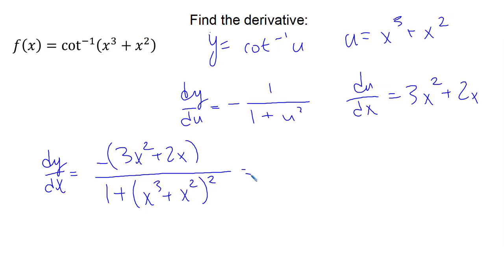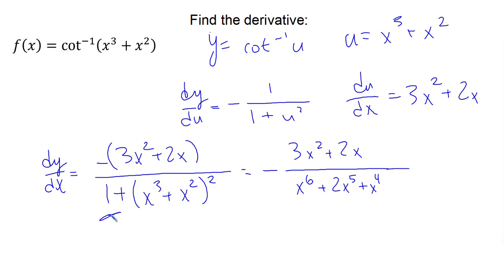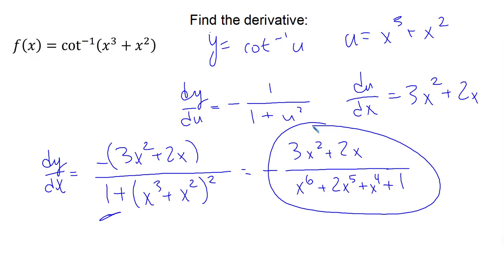And we should then be able to simplify this out, or just put the negative out in the front there. 3x squared plus 2x in our numerator. And our denominator, we need to expand out x cubed plus x squared. That should be x to the 6th plus 2x to the 5th plus x to the 4th. And then, of course, we have this plus 1. So we'll attach a plus 1 to it. And that should be our final answer for number 5.